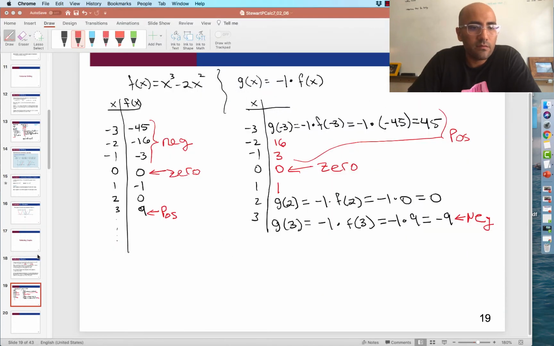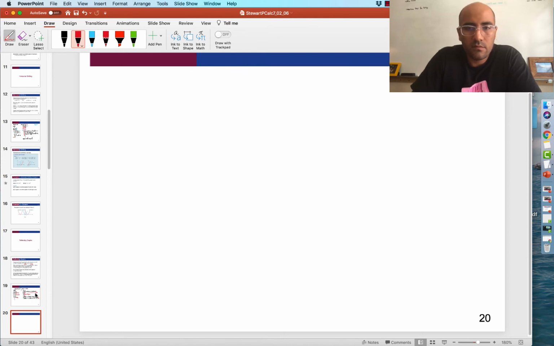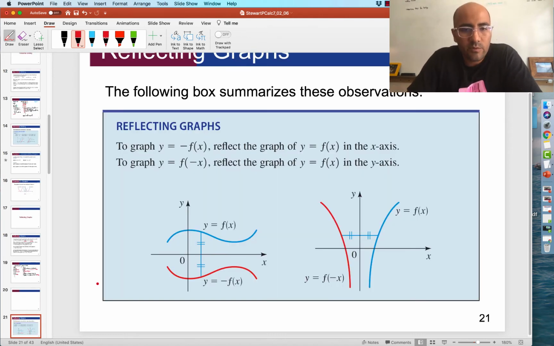Let's go back over here and take a look at this. Right, so that's what this part of the statement is saying. If we have y equals negative f of x, then we're going to get this kind of a thing. Here's f of x, and then negative f of x is going to be a mirror image reflection across the x-axis. Reflect y equals f of x across the x-axis.